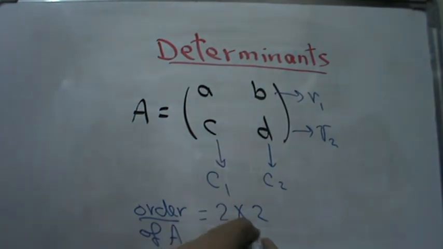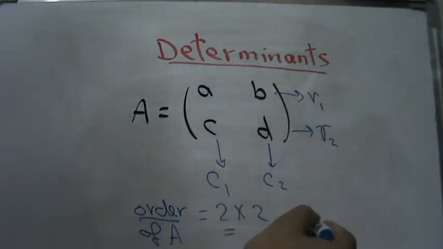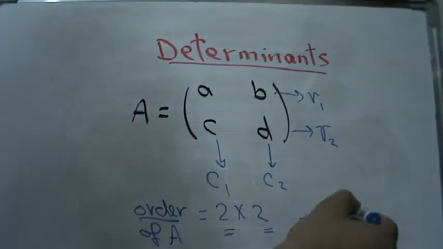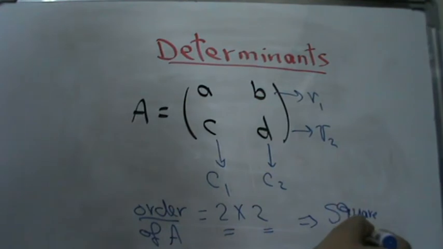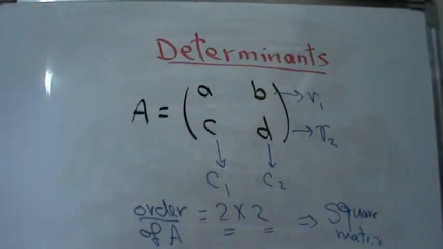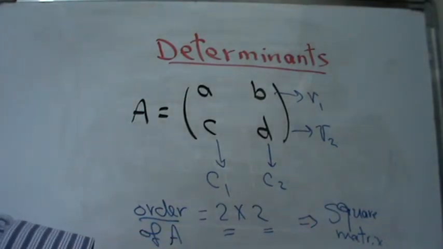If the number of rows equals the number of columns, then this matrix is called a square matrix. And the square matrix, you can convert it to a determinant. Our main condition to get a determinant is that you must have a square matrix. If you have a second order matrix, you will get a second order determinant.